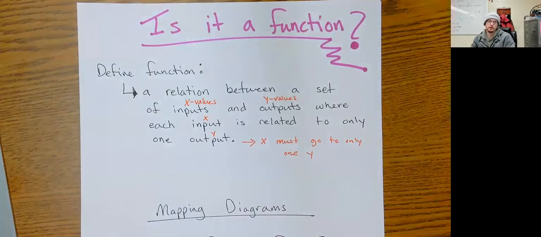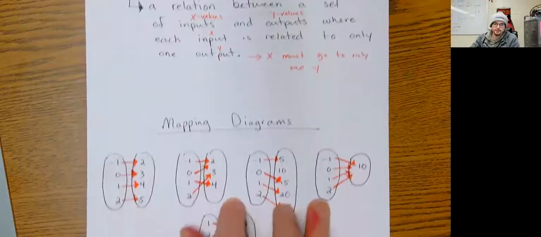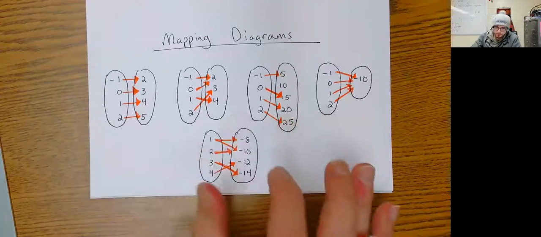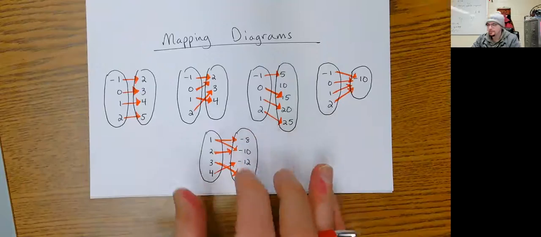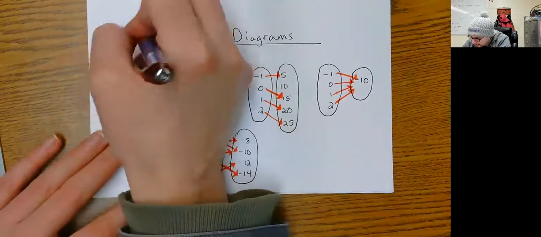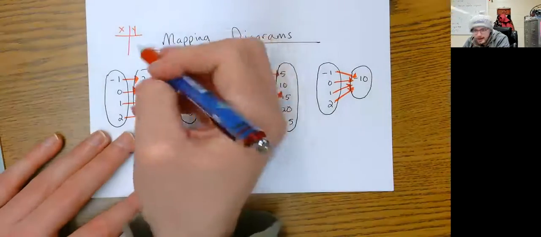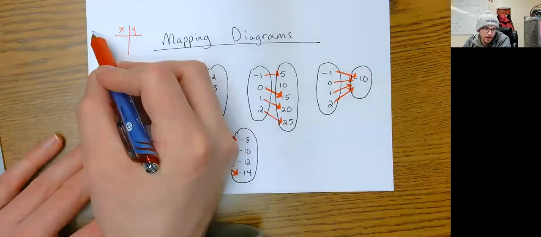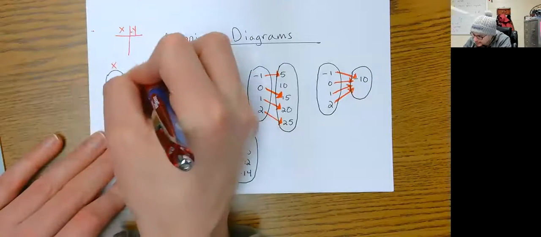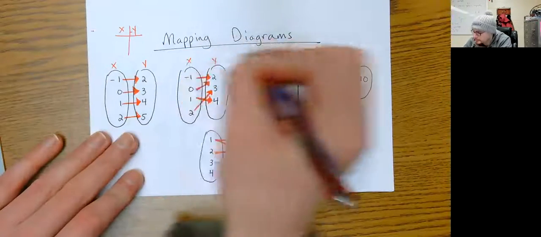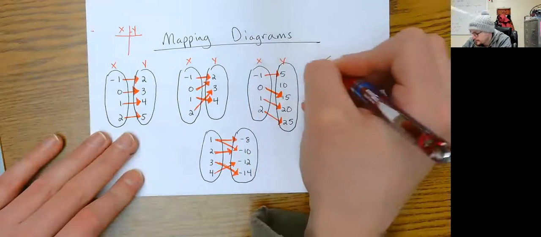If we look down here at this mapping diagram, it's like an XY table separated out. If you have an XY table, it's like taking this half out over here and this half out over here. So these are X's and these are Y's.